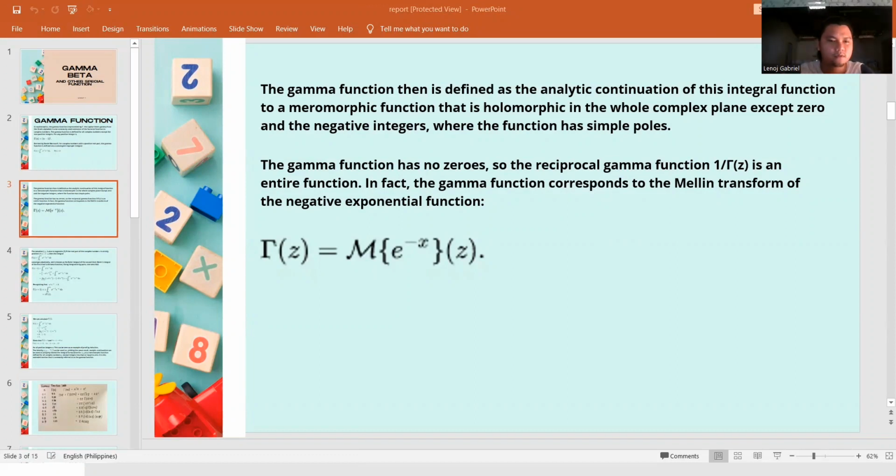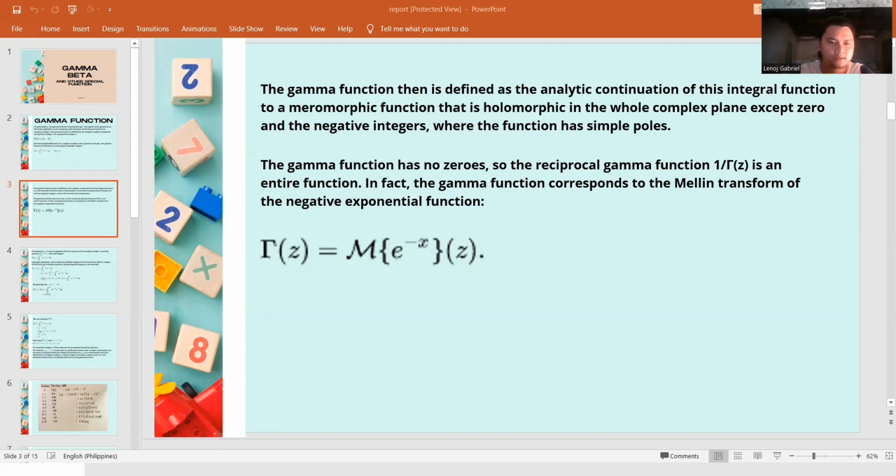So we're going to substitute this one here in letter n. So we have the integral from 0 to infinity of x raised to 0 e raised to negative x dx.